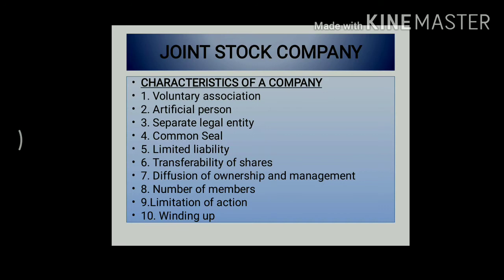Moving to the fourth, we have common seal. See, if it's a human being, a person can make a signature that reflects your presence, your approval for any document. Now, because a company is an artificial person, it also needs certain evidence for its approval, and for that reason there is an engraved common seal in the name of the company.